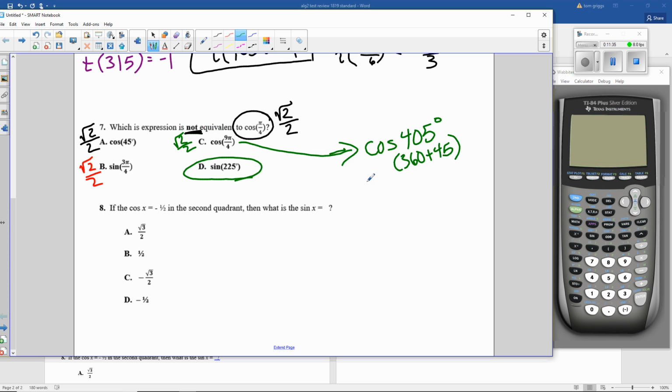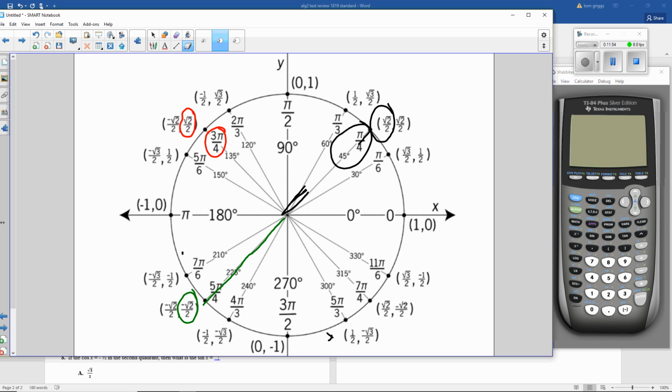Number 8 is just a thinking question. It's saying the cosine of some angle equals negative 1/2 in the second quadrant. So basically we're just looking for where is x equal to negative 1/2 in the second quadrant, at what angle? So let's look here.